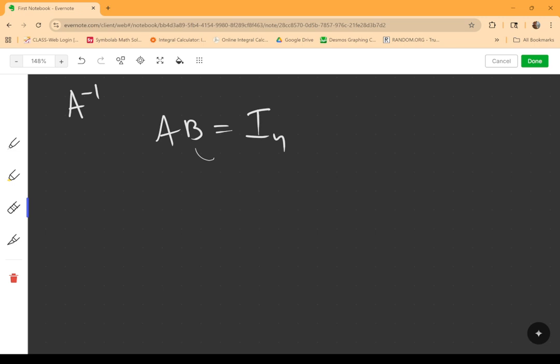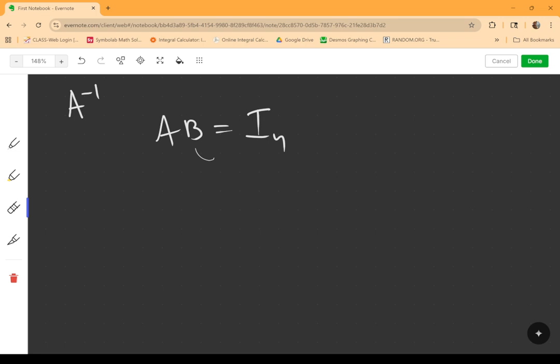The way we want to think of this is that we're solving n systems simultaneously, where we have this product, one for each column of B.